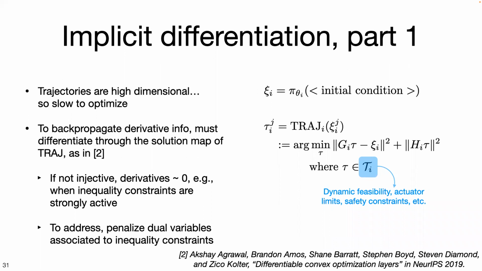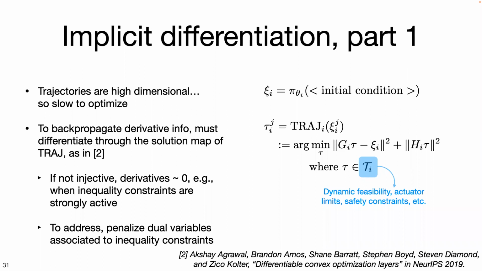So what you do is think about parametrizing the trajectories by variables that enter into an optimization problem. Here, these variables C are entering into the objective of an optimization problem, and there are constraints in the problem. This is nice because it lets us make sure we're respecting dynamic feasibility, et cetera.